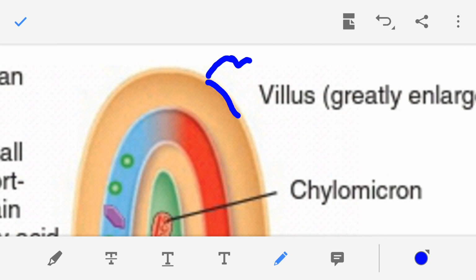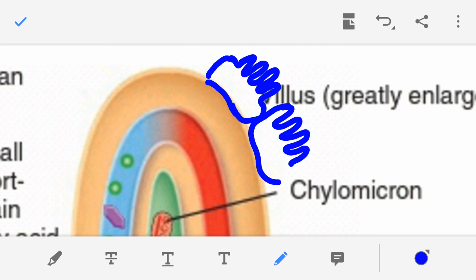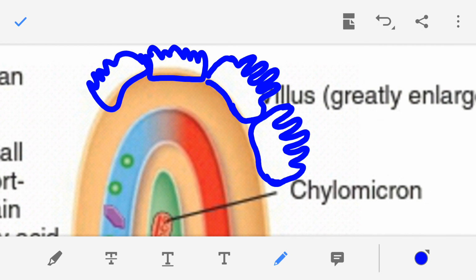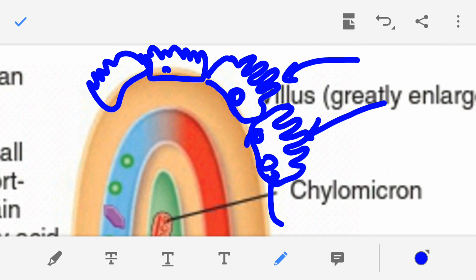Here, this one is the enterocyte, then over here enterocyte cell, enterocyte, and this is the brush border. Now one secretory vesicle here is bursting, and the chylomicrons are releasing, and where are they going? They are entering into the lacteal.